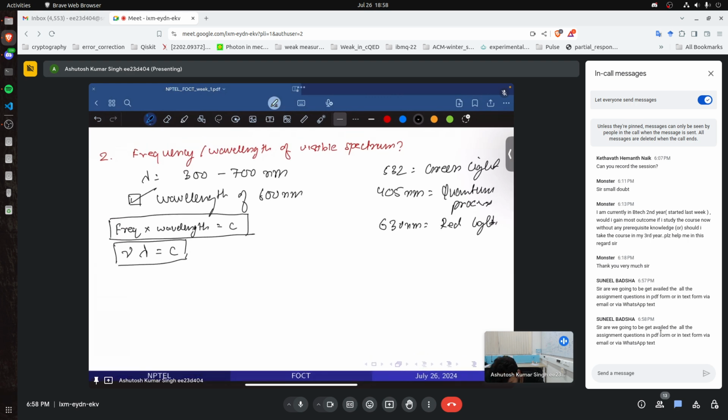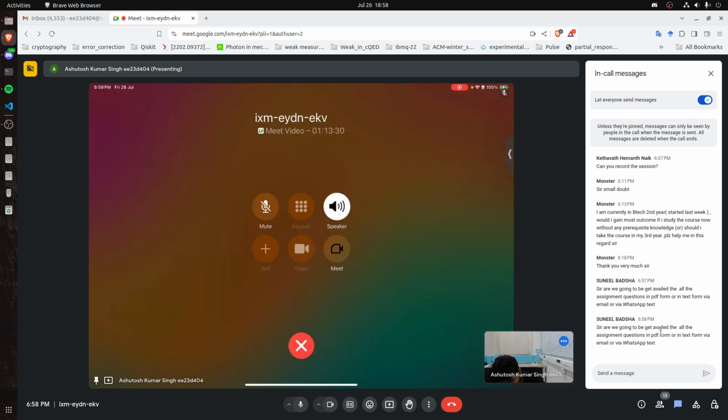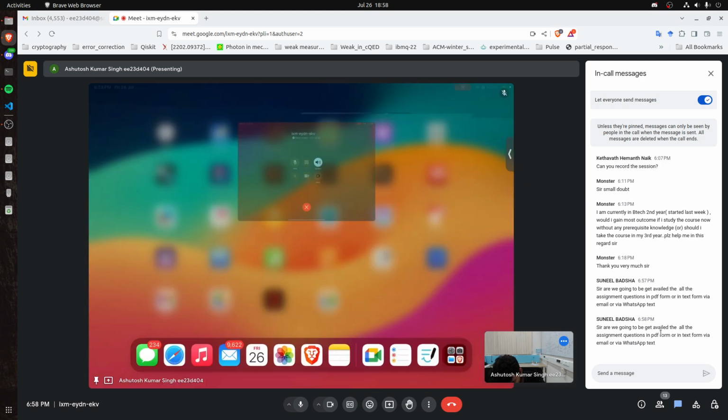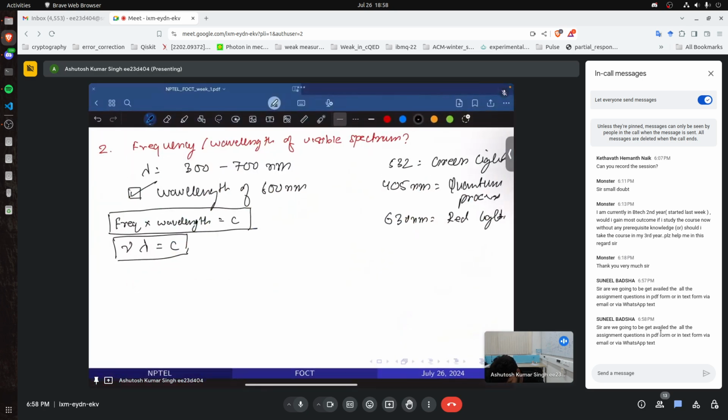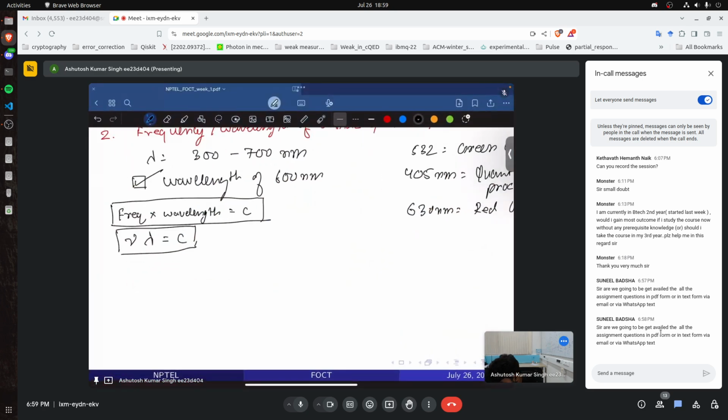So let us look at the first option of 600 terahertz. Terahertz is a unit. Tera means 10 raised to the power 12. Giga means 10 raised to the power 9.